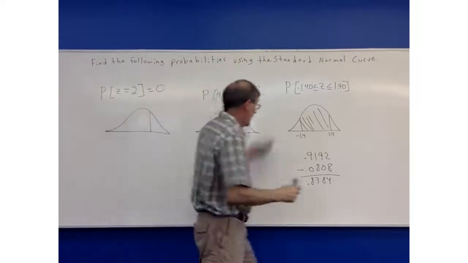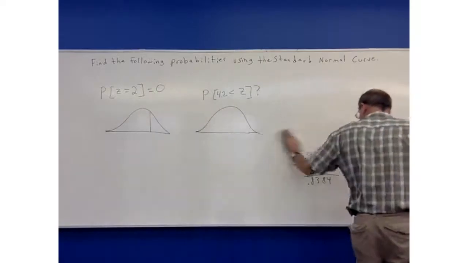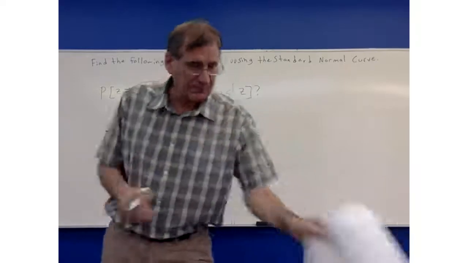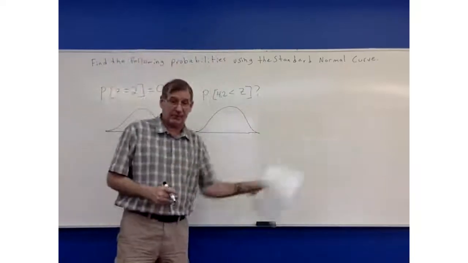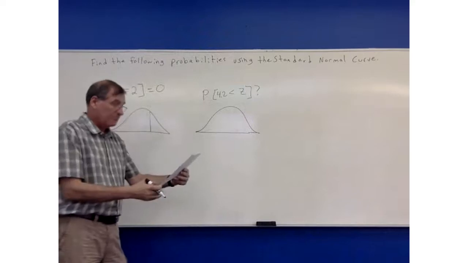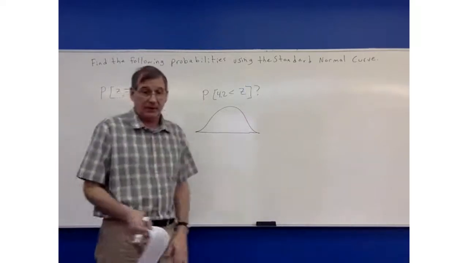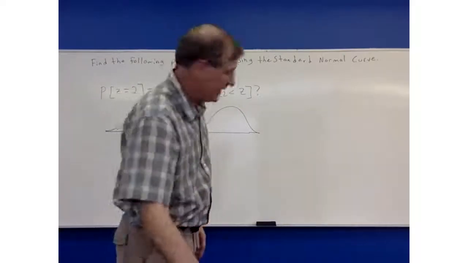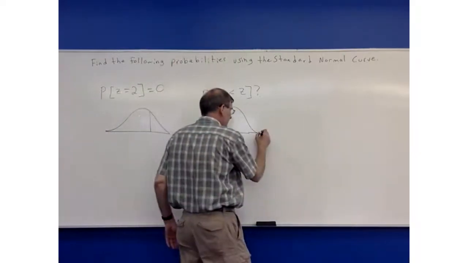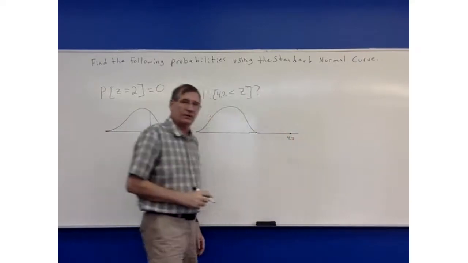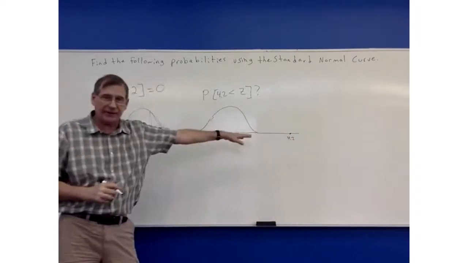Greater than 4.2. So get your table out here and find 4.2. Please find 4.2. The biggest number on here is 3.69. If this table ends at 3.69, then 4.2 is somewhere out here, isn't it? 4.2 is way out there.